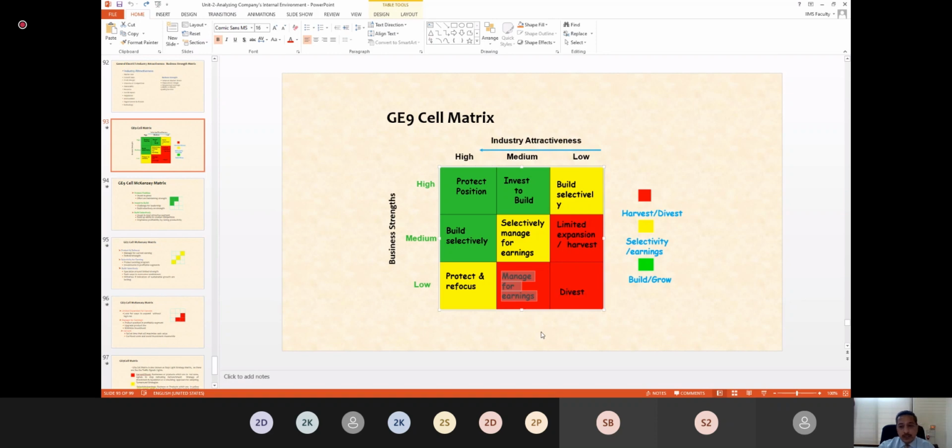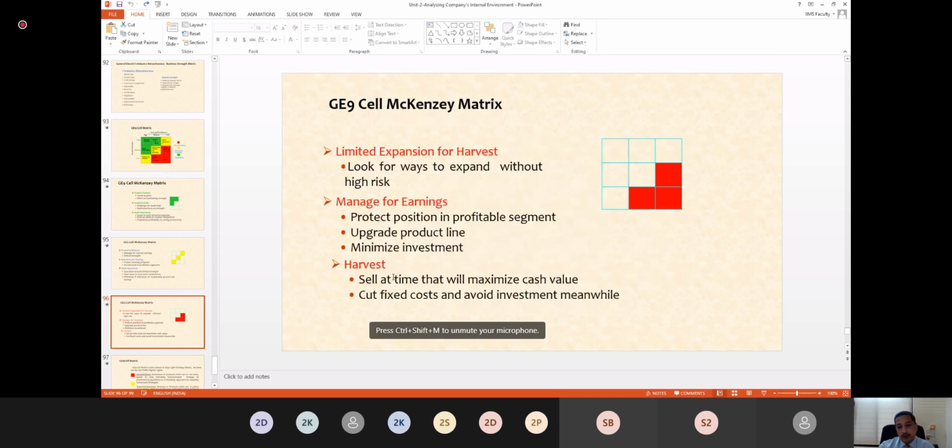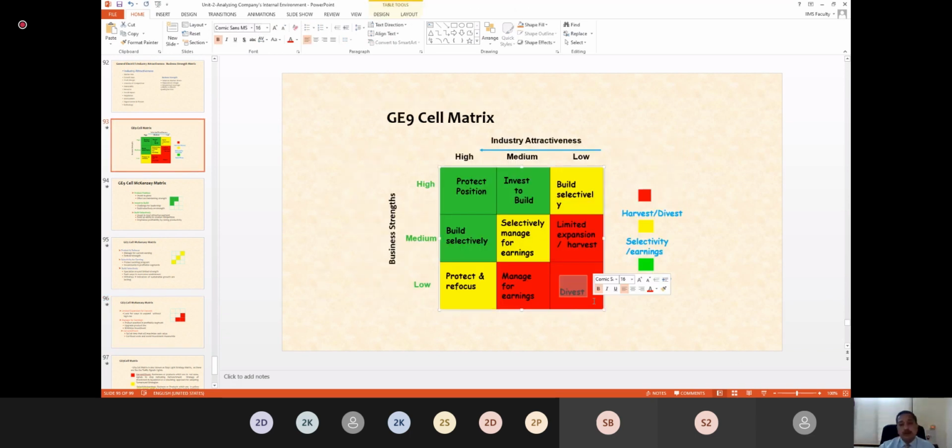And then the last category, which is divest, that we have to discuss. So harvest or divest, whether to continue this or drop this business, we have to take a decision at this point, because here the industry attractiveness is very low, and at the same time the business strength is also very low.